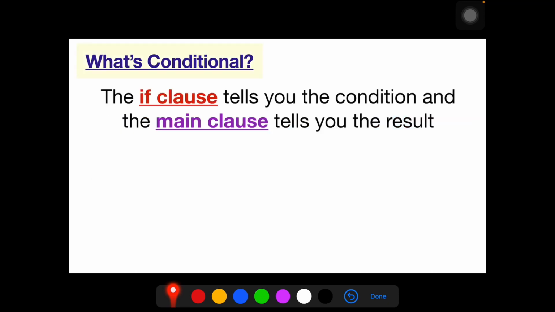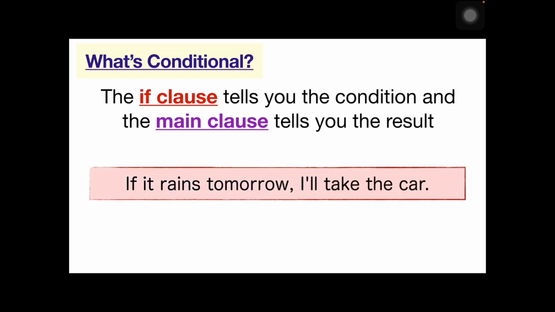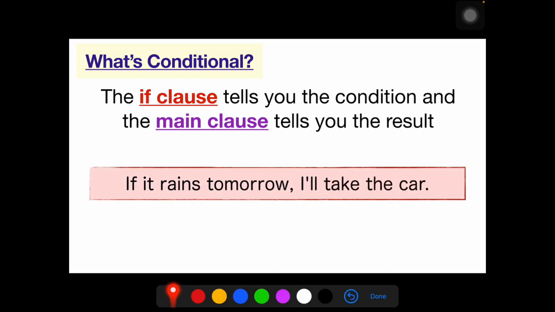So next one. What is the if clause and the main clause? The if clause tells you the condition and the main clause tells you the result. Look at this sentence. You can see the comma here. If it rains tomorrow, I'll take the car.